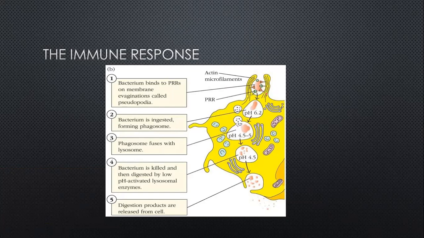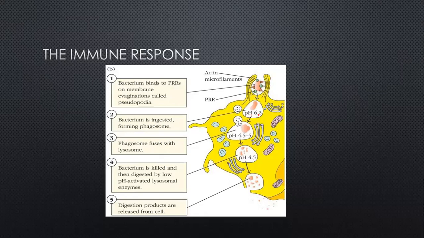First the bacteria binds to the PRR molecules, and then from around the cell membrane, the cell creates the pseudopodia to wrap the bacteria, and the bacteria gets ingested, forming a phagosome.